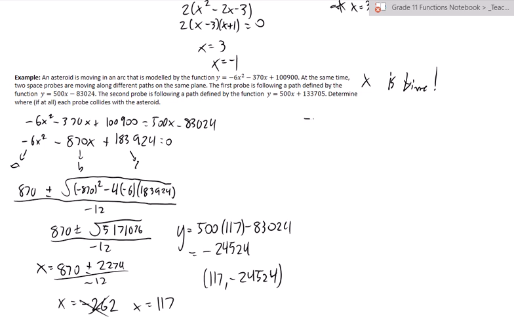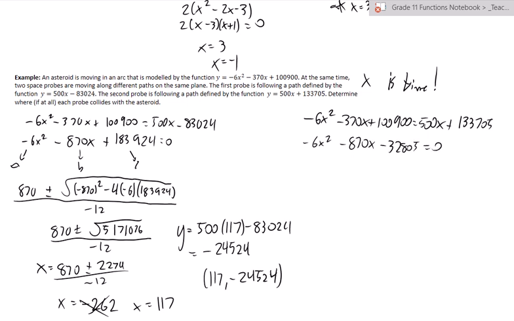Same process. Negative 6x squared minus 370x plus 100,900 equal to 500x plus 133,705. Going through the process again, we have negative 6x squared minus 870x from before, and this time we have minus 32,805 equal to 0.